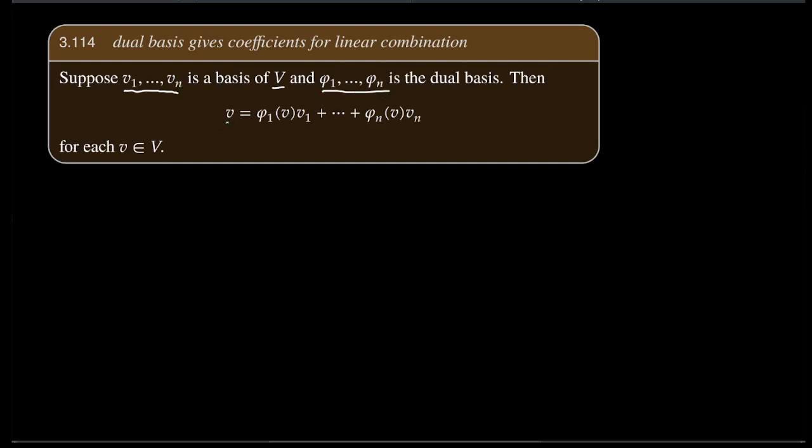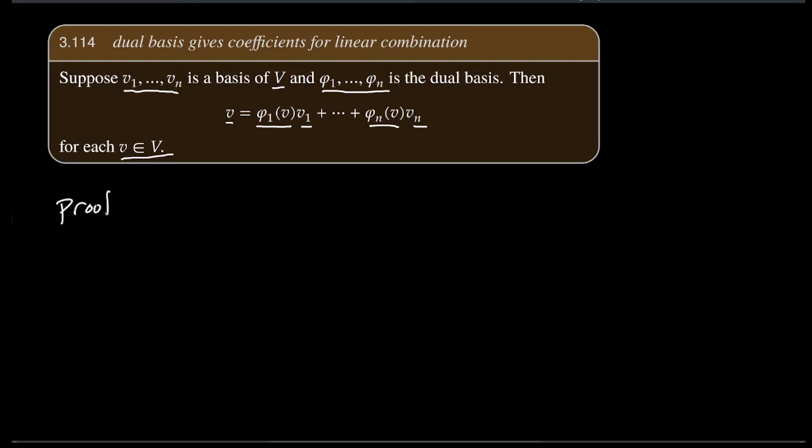Then the claim is that v is equal to phi1 v times v1, plus ... all the way down to phi n v times vn, for each v. That is, the values of the dual basis at that vector v give you the corresponding coefficients in the linear combination that lets you write v in terms of the basis v1 through vn.